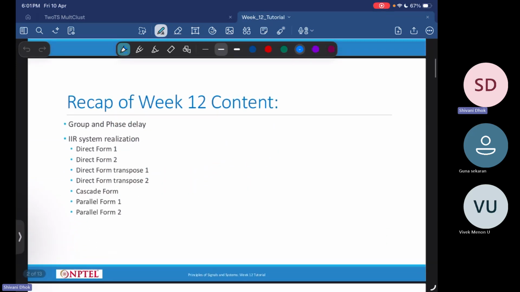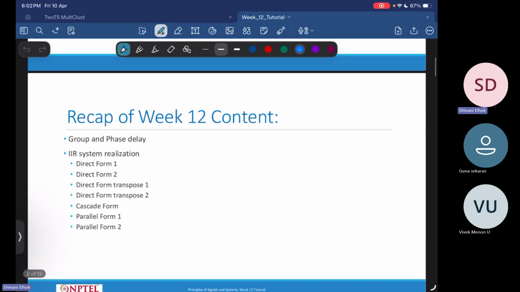So let's start with the recap of week 12 content. This particular week was the simpler one compared to whatever we had discussed till date. And this is the last content, and we looked at two important concepts.